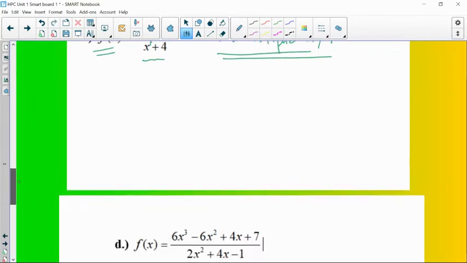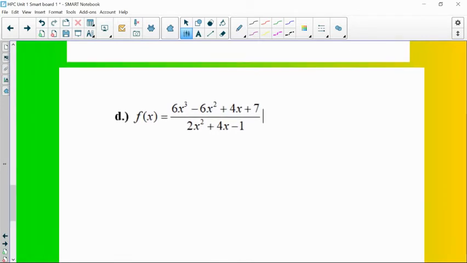Okay, and then I think there's one more here. And so again, you could try to do this on your own. Pause the video and see how you do, and then check it. But I do know that's 1 degree higher. So then I'll do my long division. So I have 2x squared plus 4x minus 1, and I'll divide that into 6x cubed minus 6x squared plus 4x plus 7.